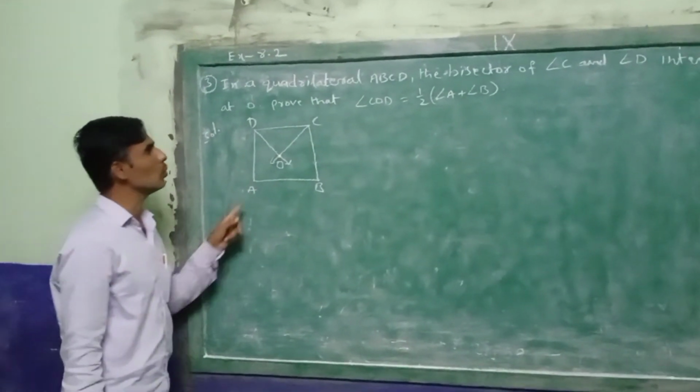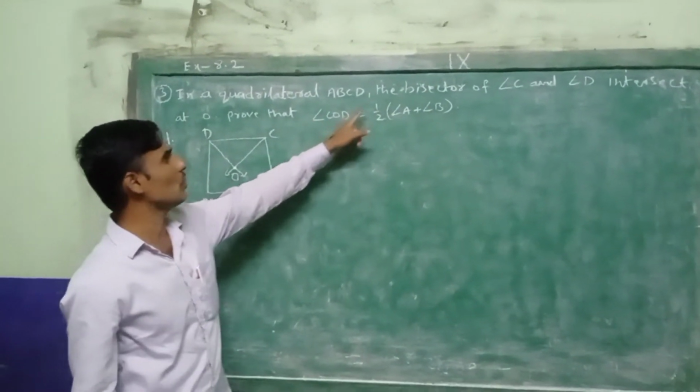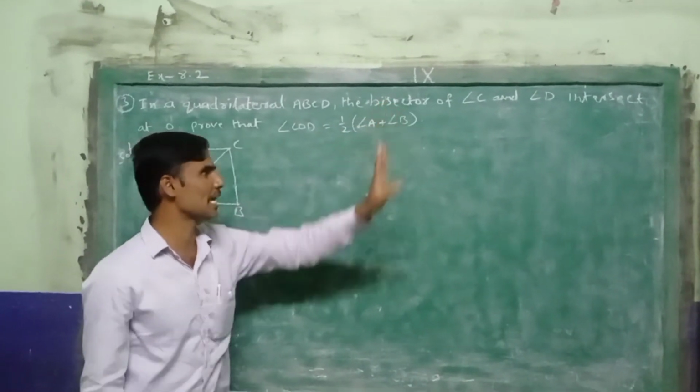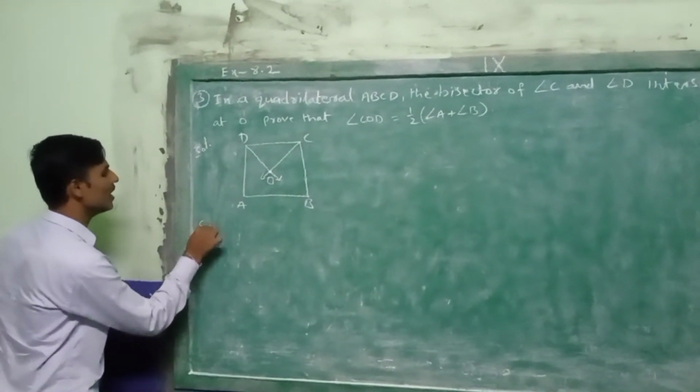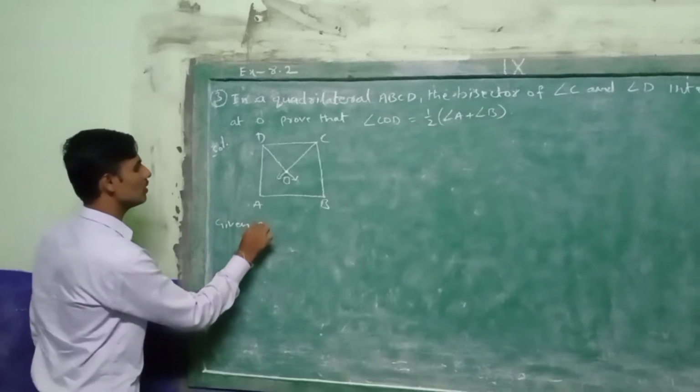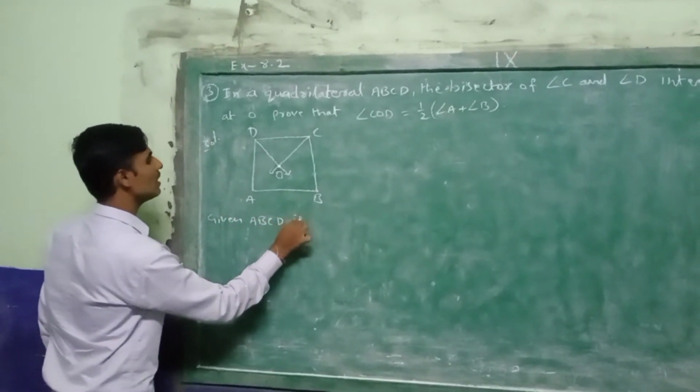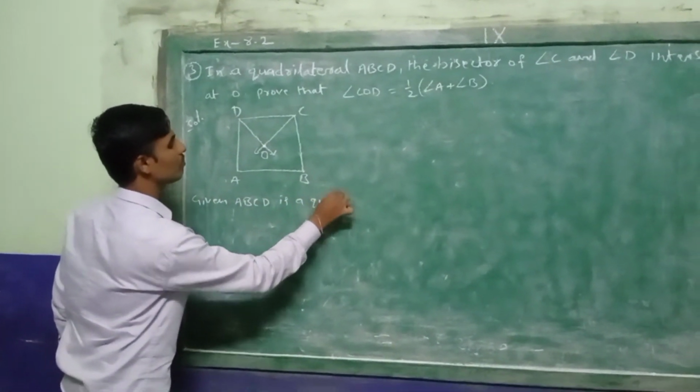Now we have to prove angle COD equals half into angle A plus angle B. So here, given: ABCD is a quadrilateral, any quadrilateral.